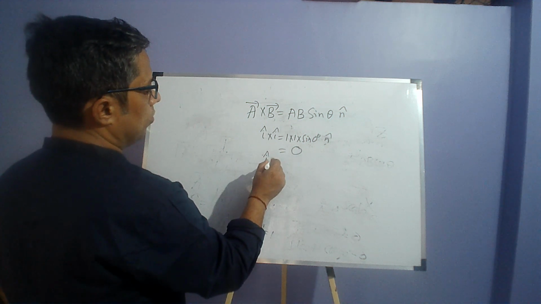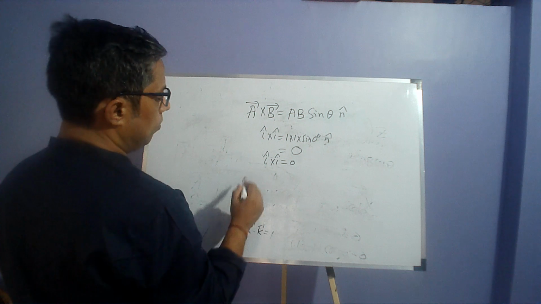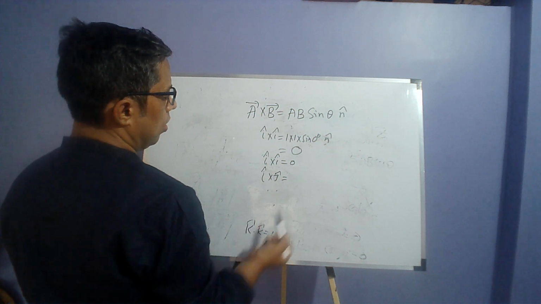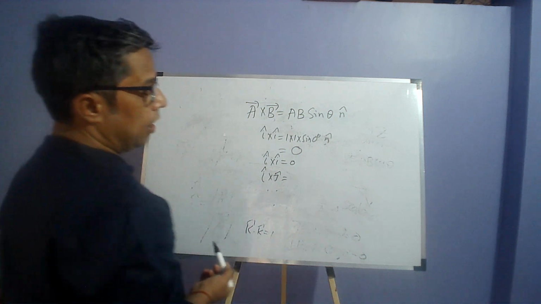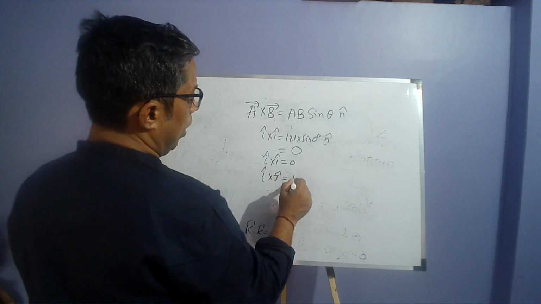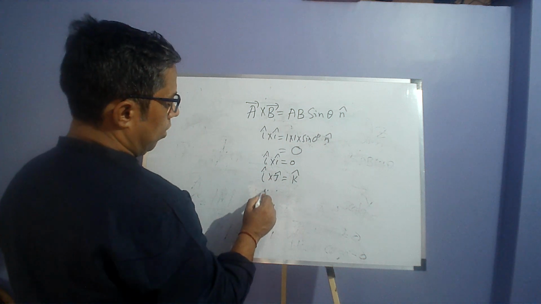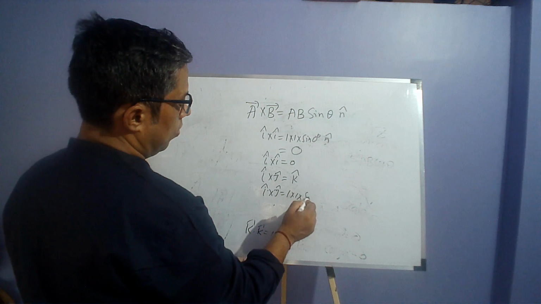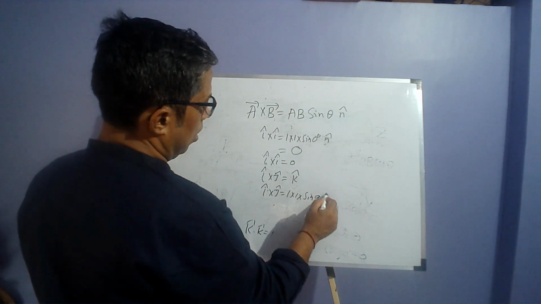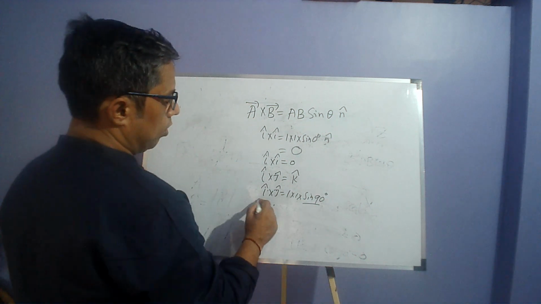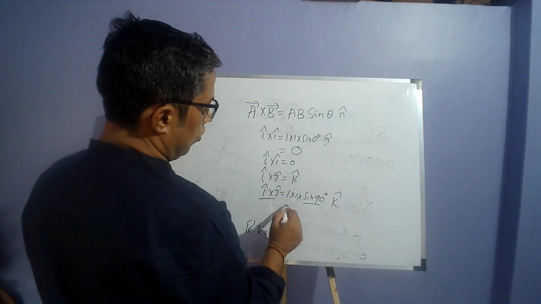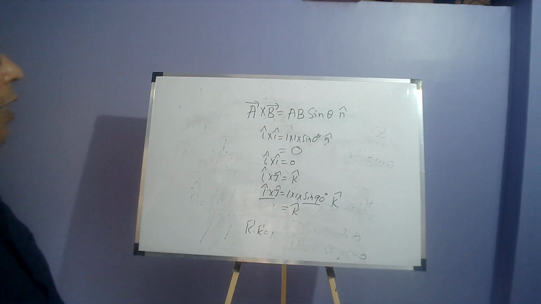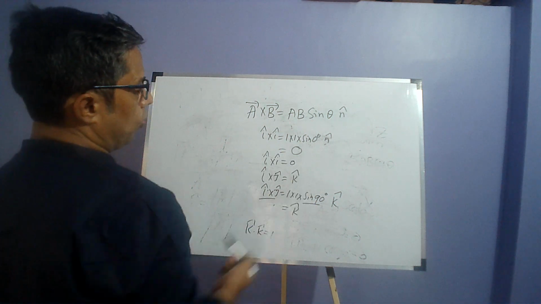So i cross i is 0. Similarly, i cross j will be sin 90 degree, and in the perpendicular direction we take k. So i cross j is 1 into sin 90 degree, which is k vector. So these are the patterns of the cross product.